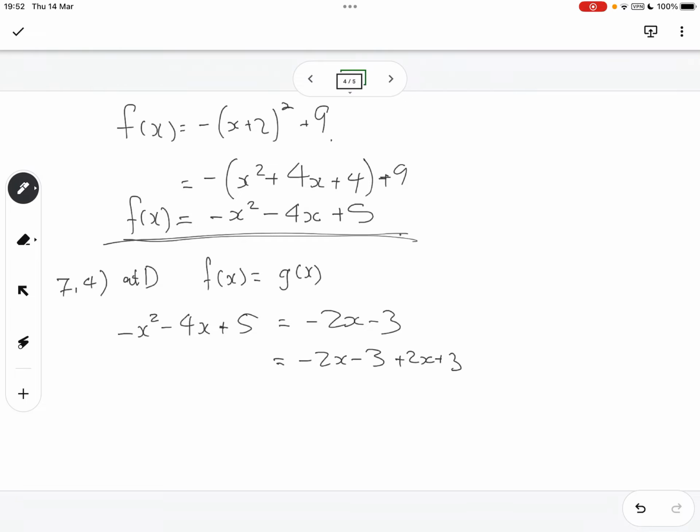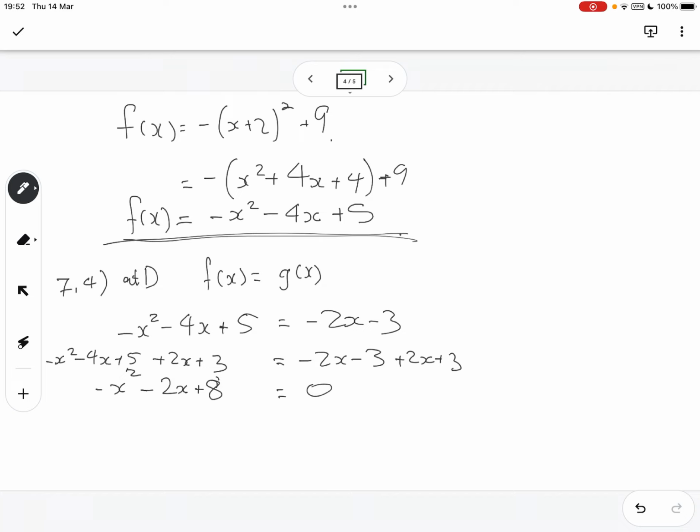And yeah, we will have minus 2x minus 3 plus 2x plus 3, so that we get 0 on this side, equals minus x squared minus 4x plus 5 plus 2x plus 3, sorry mosquito. And then we will have this and that is 8.